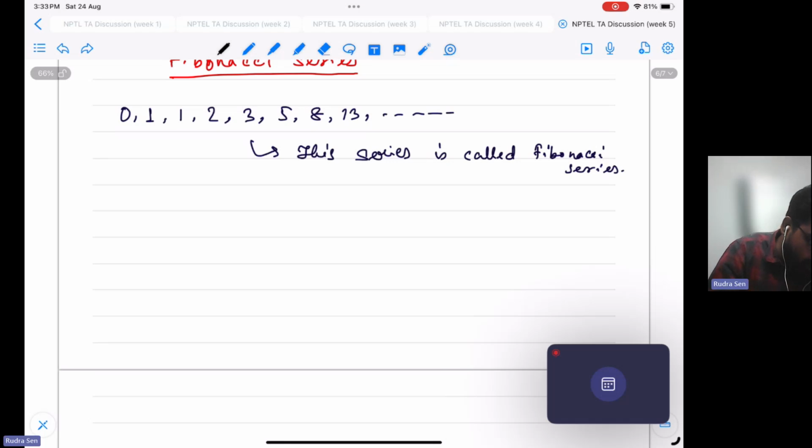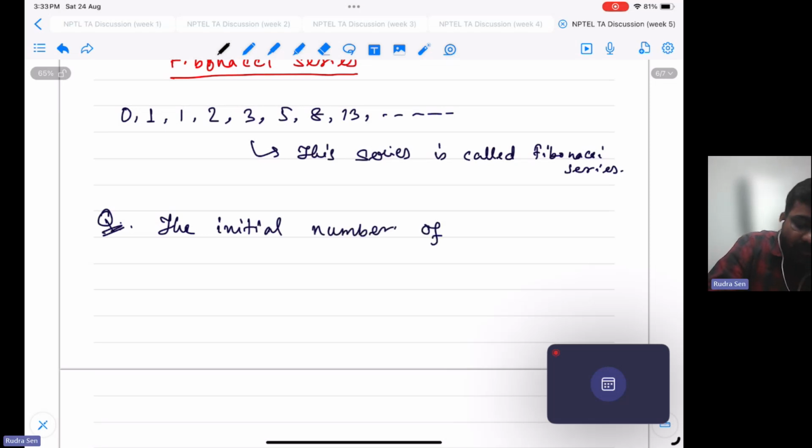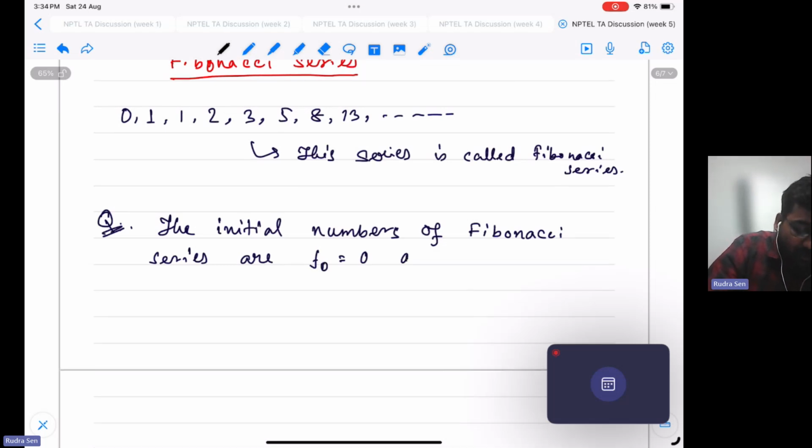So what is the question? The question is: the initial numbers of the Fibonacci series are, let's say, f0 equals 0 and f1 equals 1.